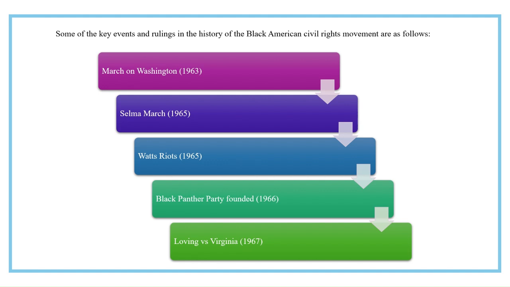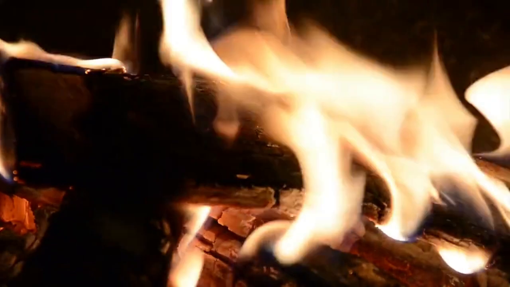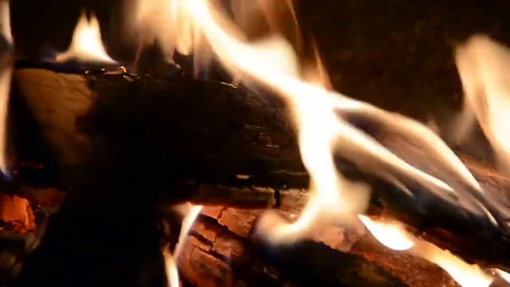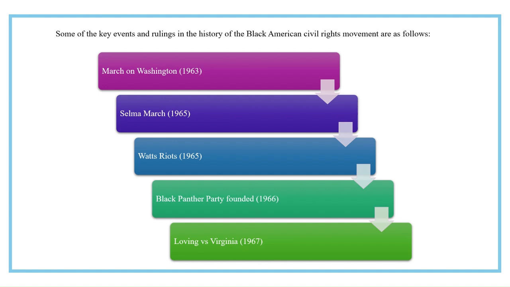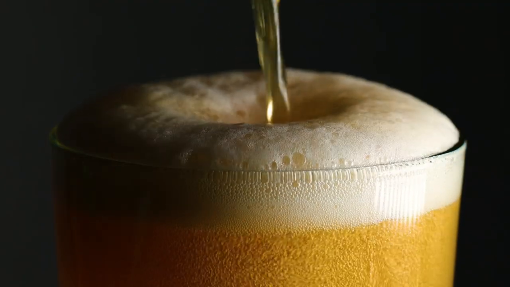Eighth, Watts Riots, 1965. Violence, fires, and looting broke out on August 11, 1965, after a white police officer arrested a black man on suspicion of driving while intoxicated.